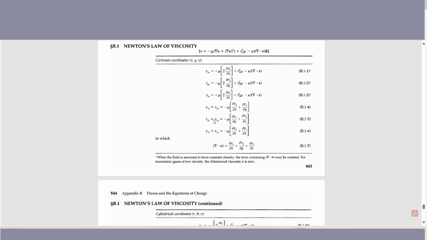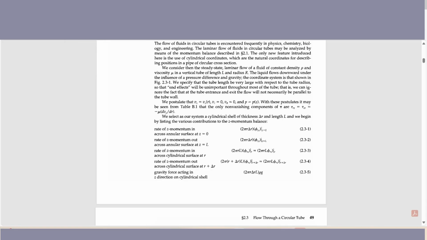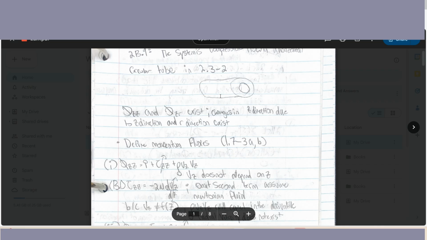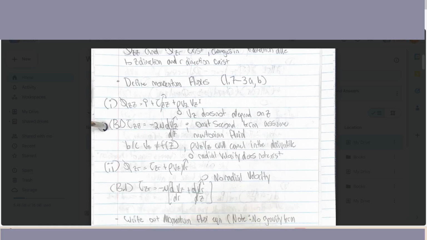And this term goes to 0 because the z velocity does not depend on the z direction; it depends on the r direction. It depends on how close the fluid is to the walls of the pipe. All right, so that flushes that out.